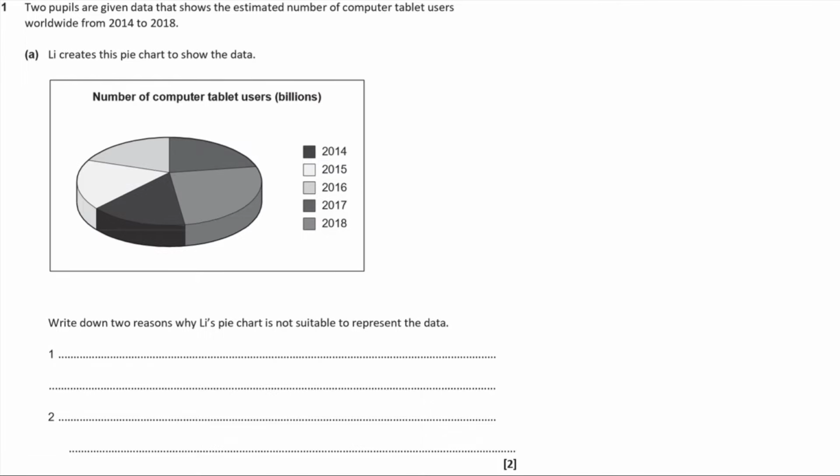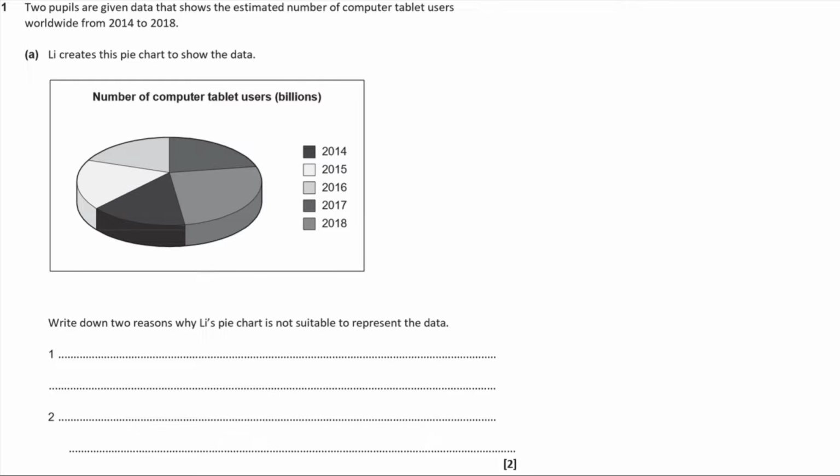Well, I just think a pie chart is a bad choice for this particular type of data. And the reason for that is pie charts only show proportion, they don't show the values. And here you're actually interested in the values of the computer tablet users and how they're increasing over time. And that doesn't come across very clearly in the pie chart.